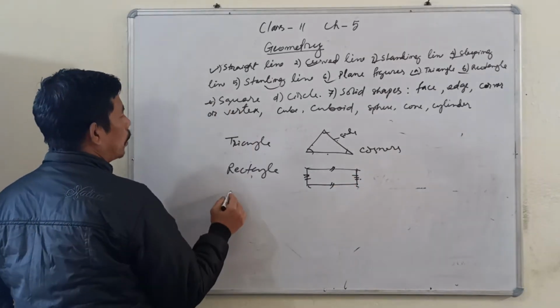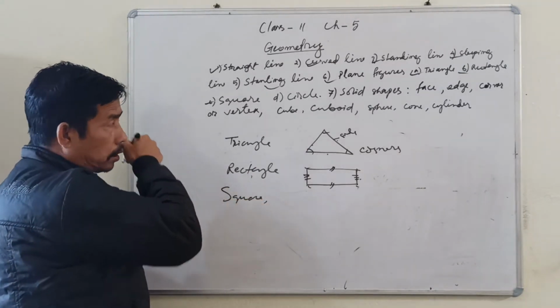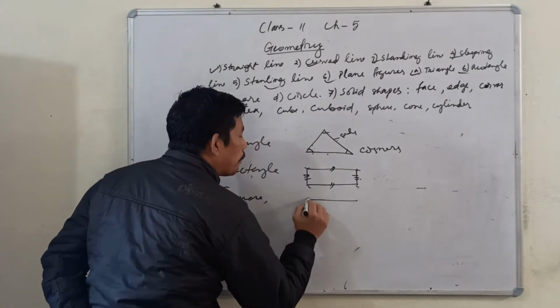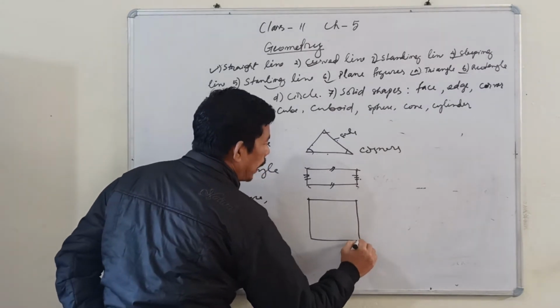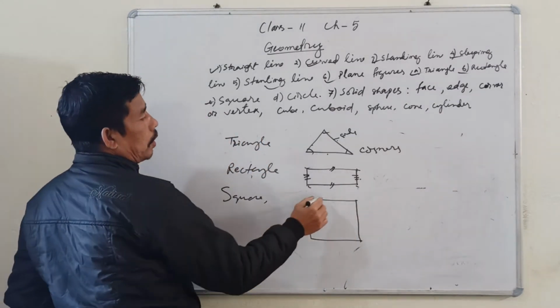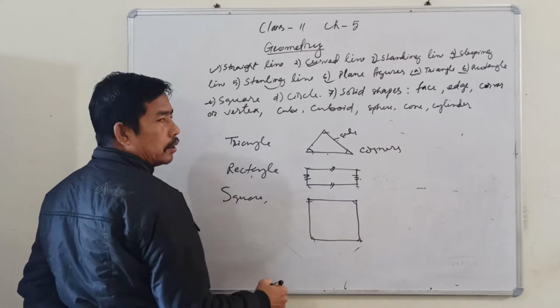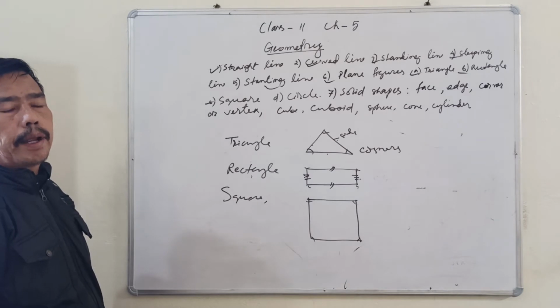Then come to square. Square is a plane figure bounded by four sides, 1, 2, 3, 4, and four corners. And in the case of a square, all the four sides have the same length.